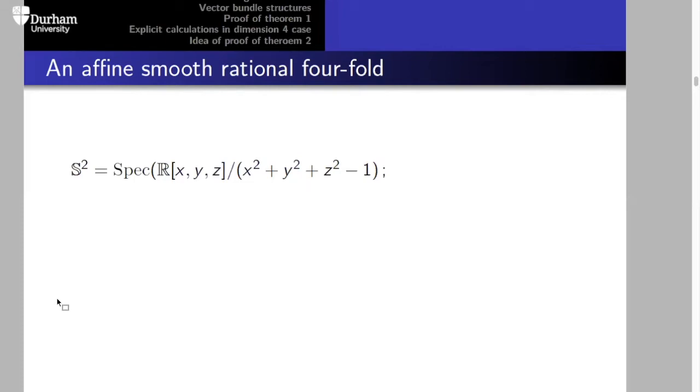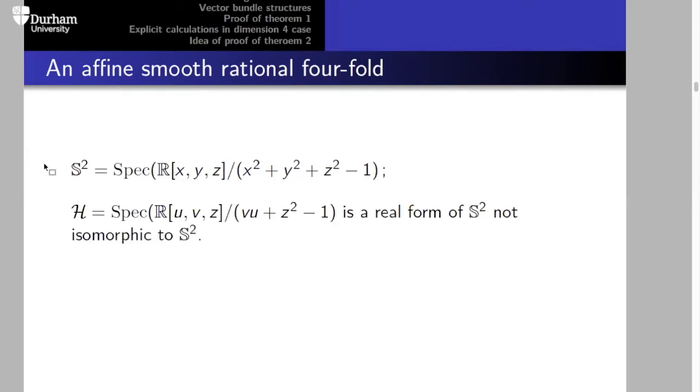Okay, so I'm going to come back to the affine world, and I'm going to first tell you about what my 4-dimensional rational affine variety is going to be. First of all, we're going to start with the real variety coming from the algebraic sphere, Spec of the ring where the zero set is just a sphere in R^3.